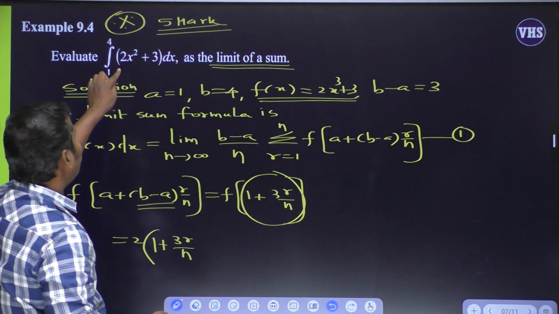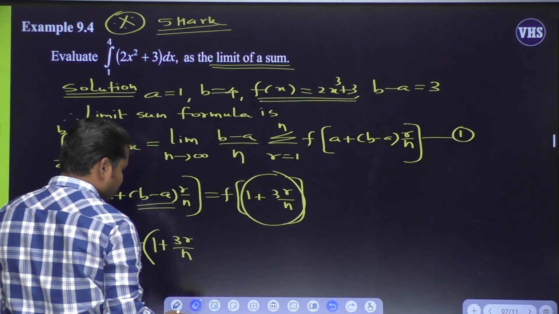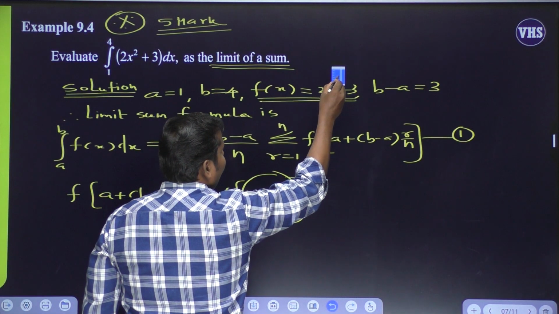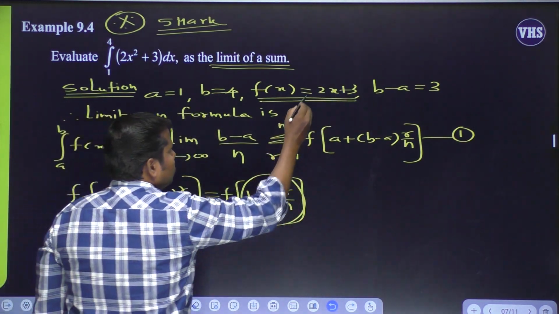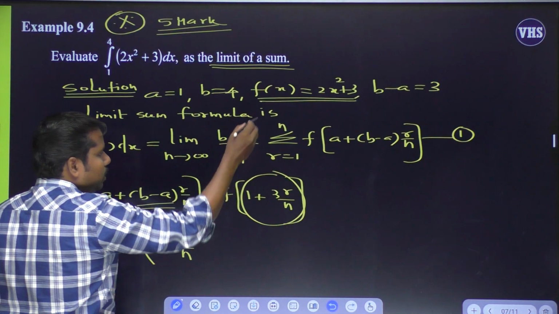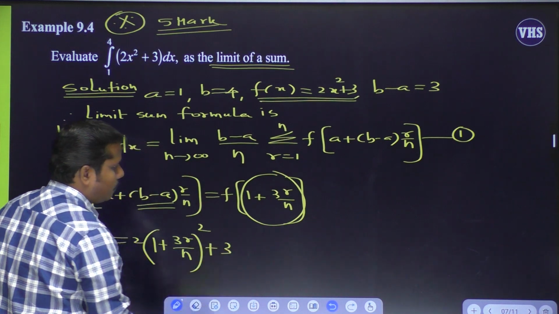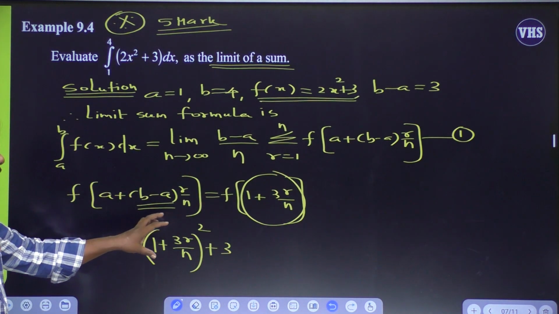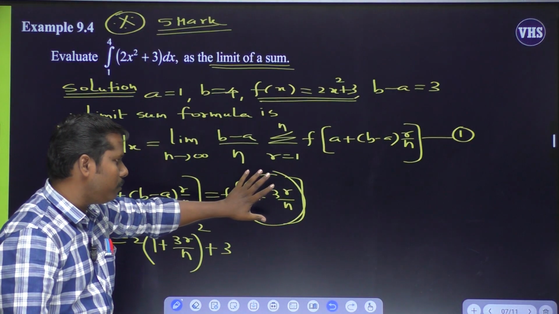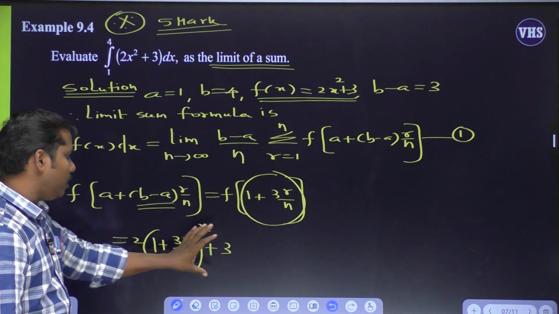Actually, the function is 2x square plus 3. I took it as cube by mistake; it is wrong, it is x square. So 2 into x, which is 1 plus 3r by n, whole squared, plus 3. I hope you understand this. Again I repeat: the function is 2x square plus 3, and in place of x, 1 plus 3r by n is there. Just substitute there: 2 into that thing plus 3.